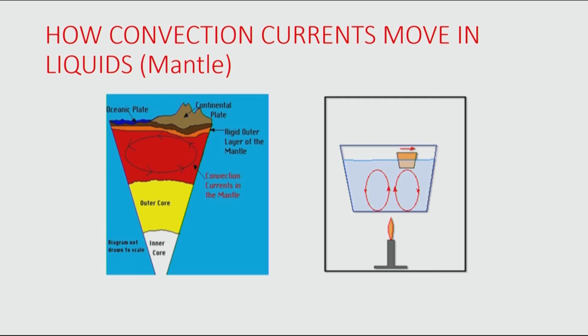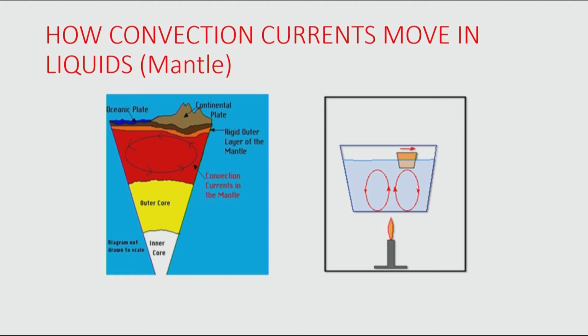Now I want to focus on the red part there. We are able to see the circle with arrows showing how the convectional currents move in the mantle. Convectional currents transfer heat from a very hot part to a less hot part. So in this case, heat is transferred through the mantle.